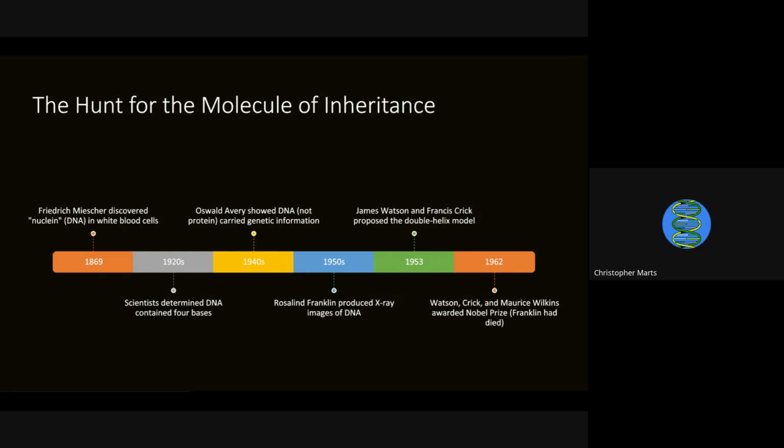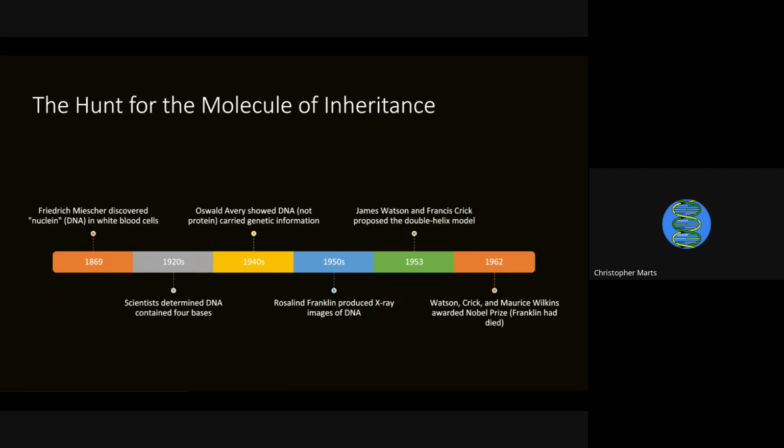We jump ahead a couple decades and we have Oswald Avery, who is able to demonstrate for the first time that DNA itself is what carries genetic information. Before Oswald's discovery, they thought maybe protein was what actually stored all this information. There were a lot of ideas for years, even centuries beforehand, about how traits got passed down.